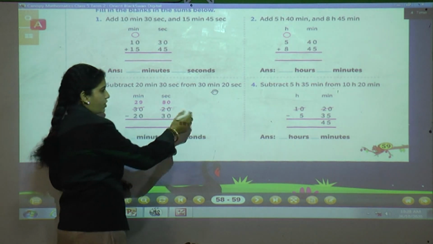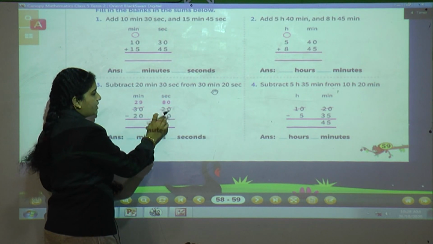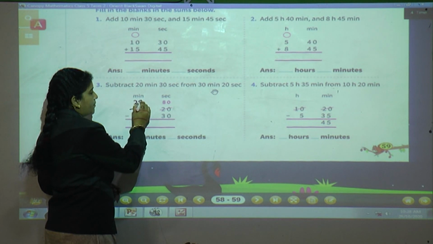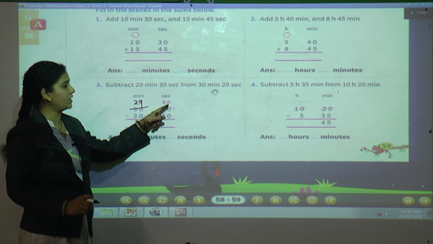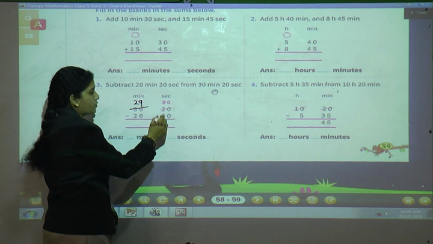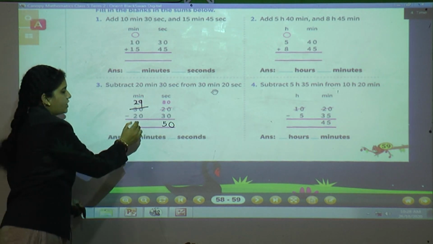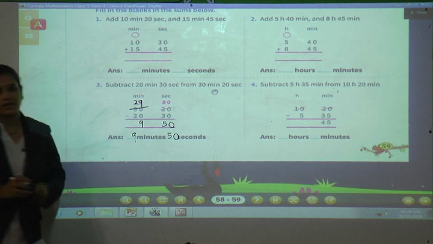Yes students, because 60 seconds is equal to 1 minute and this 20 is less than 30, so we can borrow from here, make it 29 here, and 60 plus this 20, that means 80. So 80 minus 30, 50. 29 minus 20, 9. 9 minutes 50 seconds.